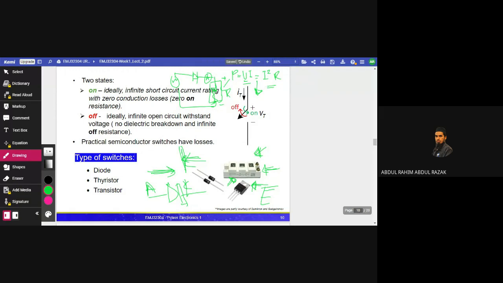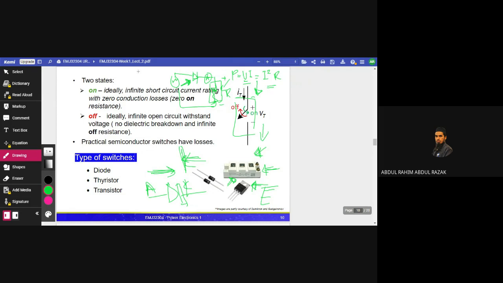But what is our concern right now for power electronic devices is how much power is lost from this device. Instead of delivering power, how much are the losses that happen inside the diode. To measure the loss in the diode, it is the current that flows throughout the line times the voltage drop.